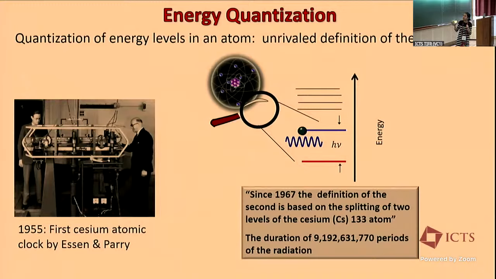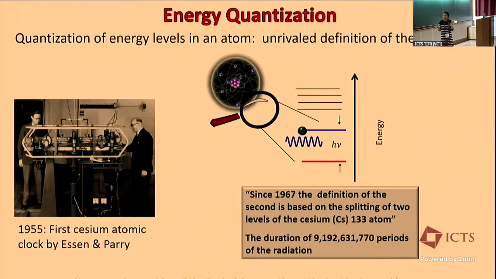Basically, we define the second as a certain number of periods of radiation that is resonant with this transition, and we count this specific number to form a second. For the case of cesium, it corresponds to this number, about 9 billion periods of radiation, and this is how we actually define the second.